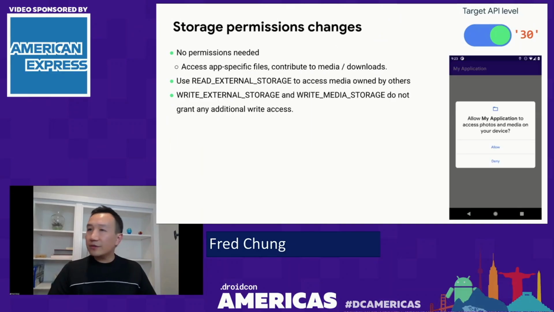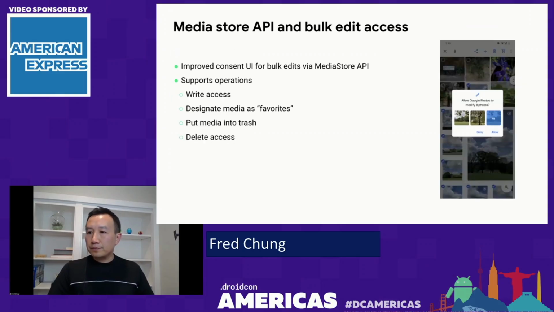Now, in Android 11, we made some improvements in scoped storage in a number of ways. First, we've made further adjustments to storage permissions. We also allowed applications to perform bulk editing and deleting of media files.